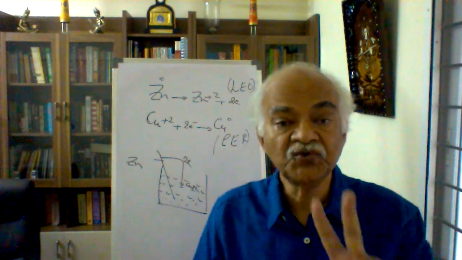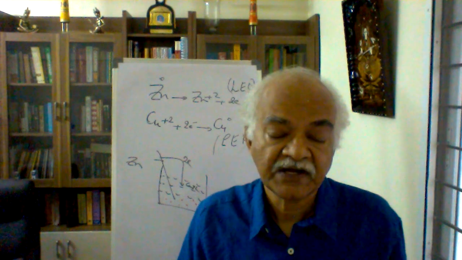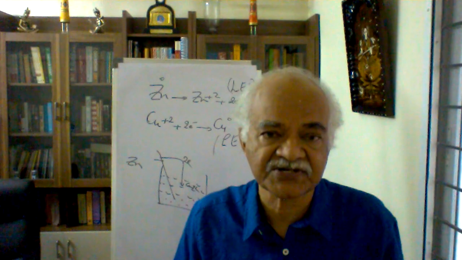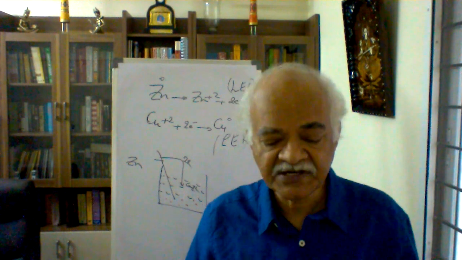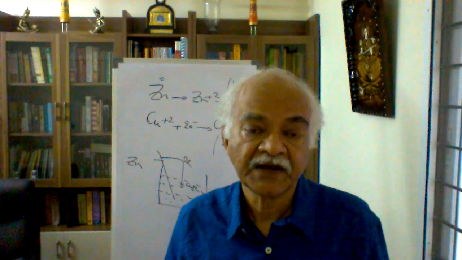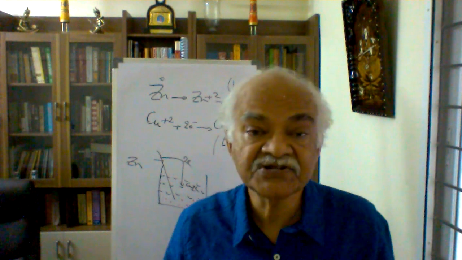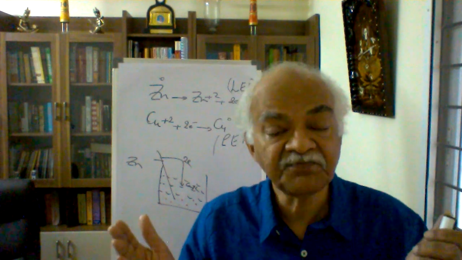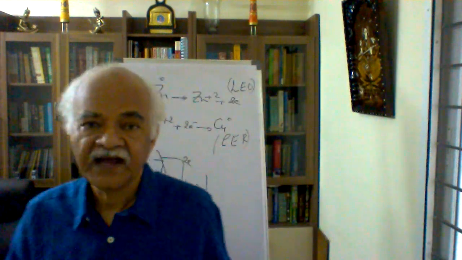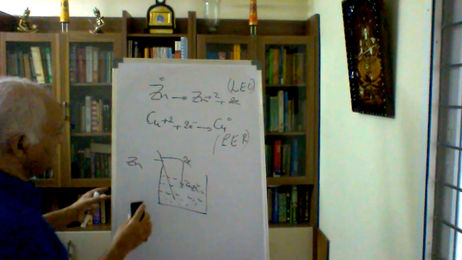Therefore, we have two types of redox reactions. We shall use delta G as a reference to understand both these types of reactions. In one type of reaction, we have delta G negative redox reactions. The other type of redox reactions are those where delta G is positive. So, let me write that as a first conclusion in this video.